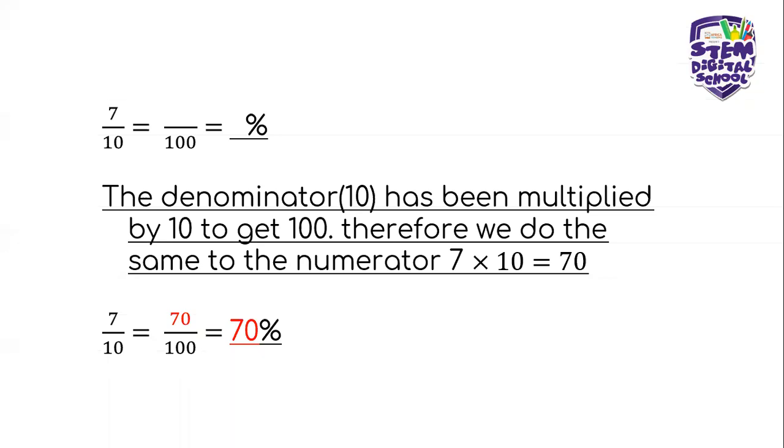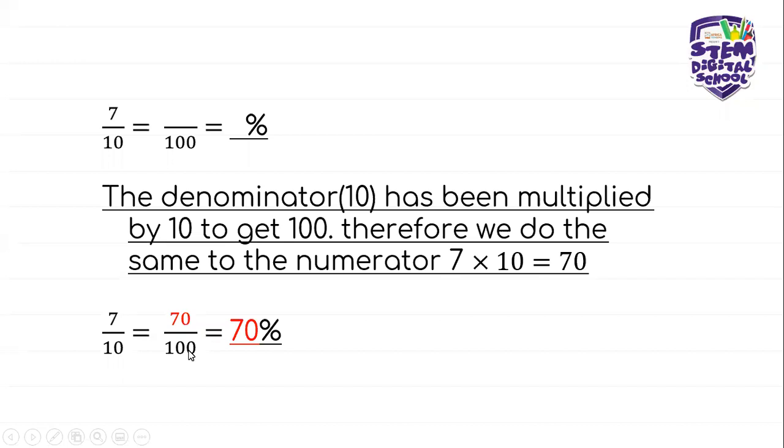So now your denominator is 100, and you know that your numerator becomes your percentage. In 7 over 10, the denominator is 10 and the numerator is 7. So we multiply 10 by 10 to get 100 because we want the denominator to be 100.